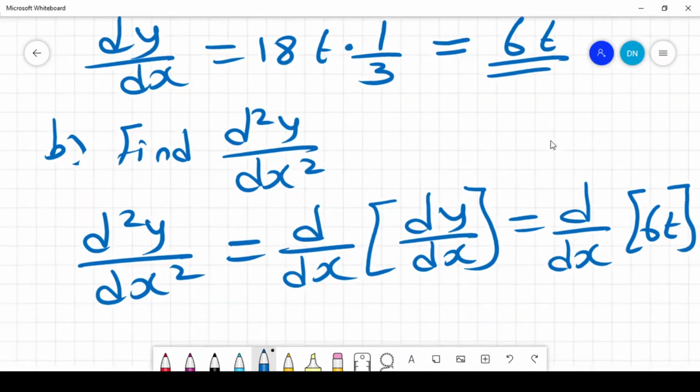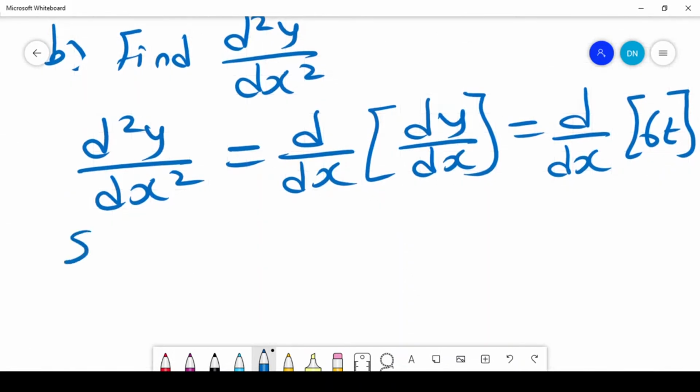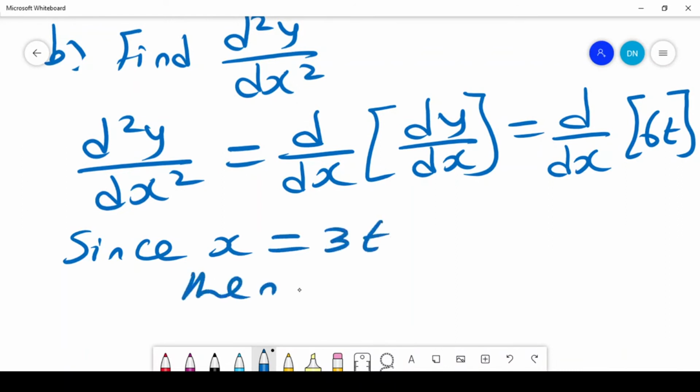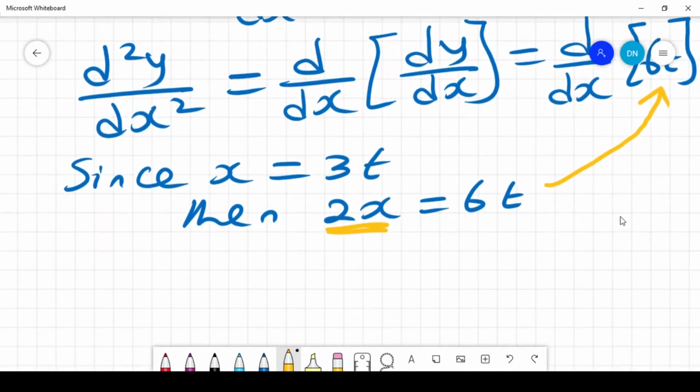I could use the implicit method, or I could say that since x equals 3t, then 2x will equal 6t. I just multiply by 2. So whenever there is a 6t, I'm going to replace it with 2x. That's basically what I've said there.